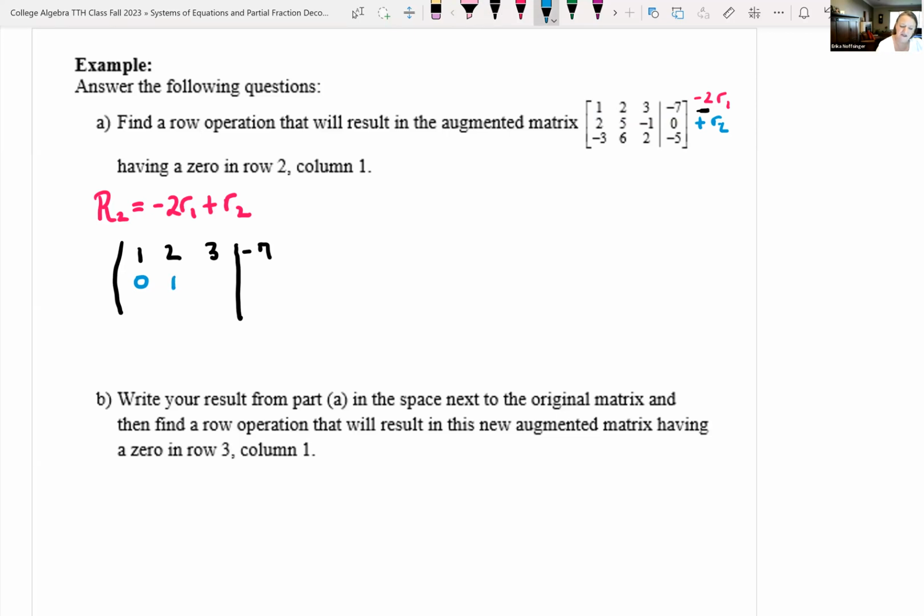So I have -2 times this 3, that's -6. -6 plus the number below it, -1, is -7. Going to the next column, -2 times -7, that's 14, and then add it to the 0 below. So 14 plus 0 is 14.